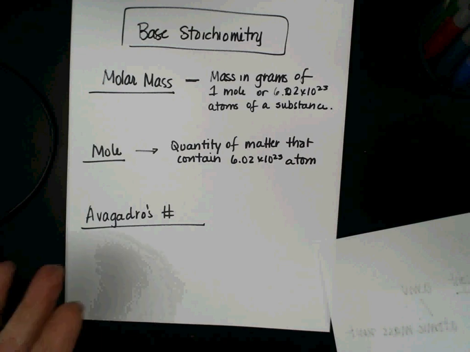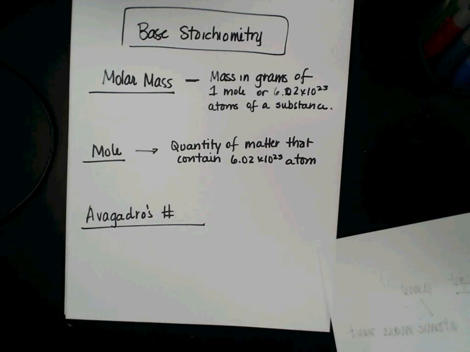So if you think about the periodic table, and I think we talked about this in Chem 1, how the quantities that are in that periodic table box, you think about that as representing like 1 mole of whatever that element is. That's the number of grams that would be in 1 mole of it.